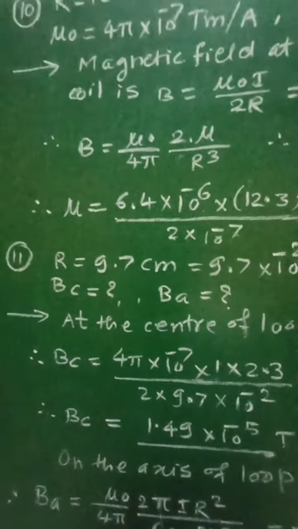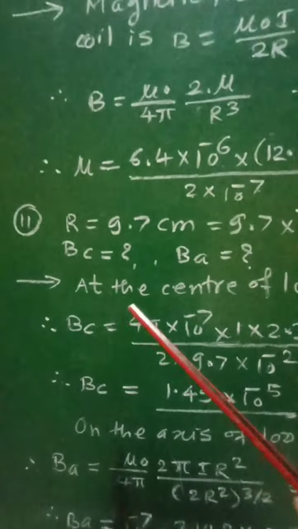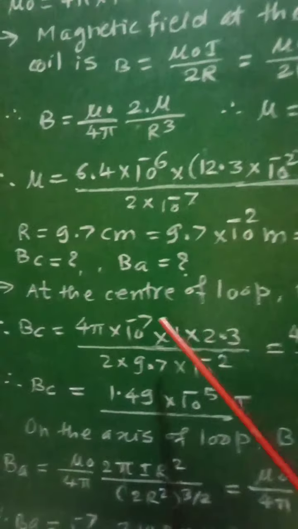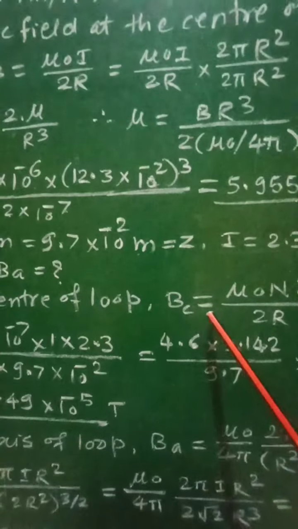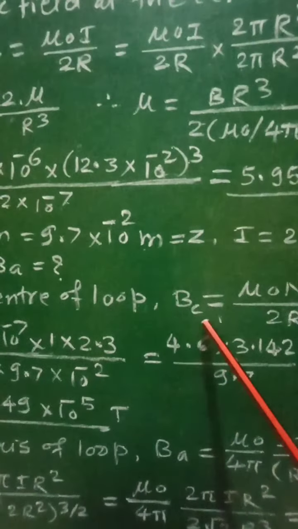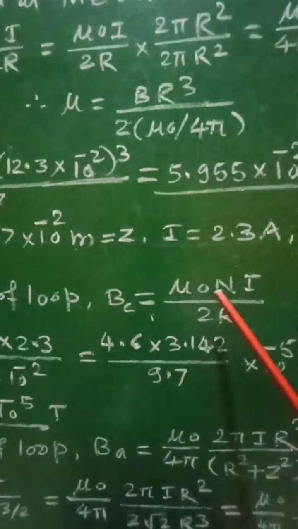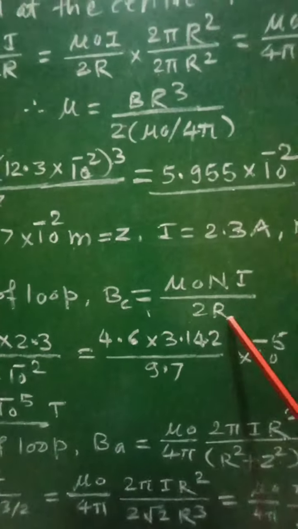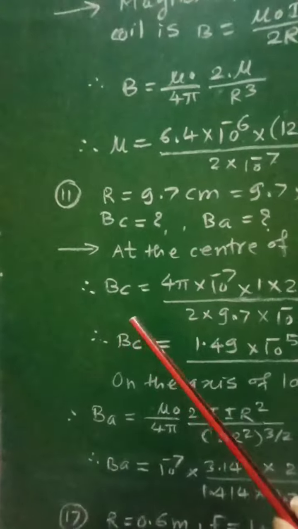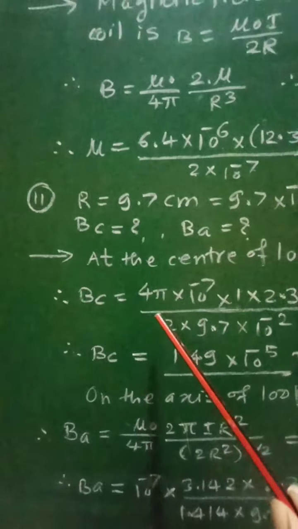We know that at the center of that circular loop, the BC is equal to mu 0 Ni upon 2R.